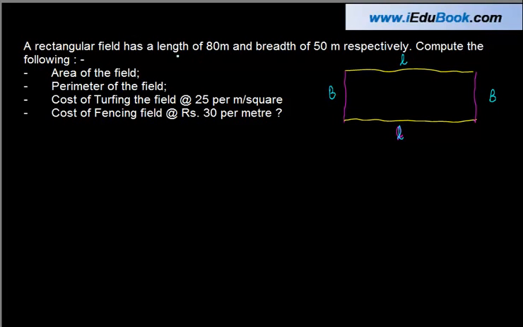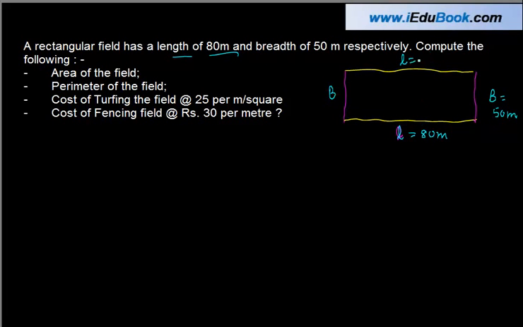Now the length of the rectangle given to us is equal to 80 meters and the breadth is given as 50 meters, right?